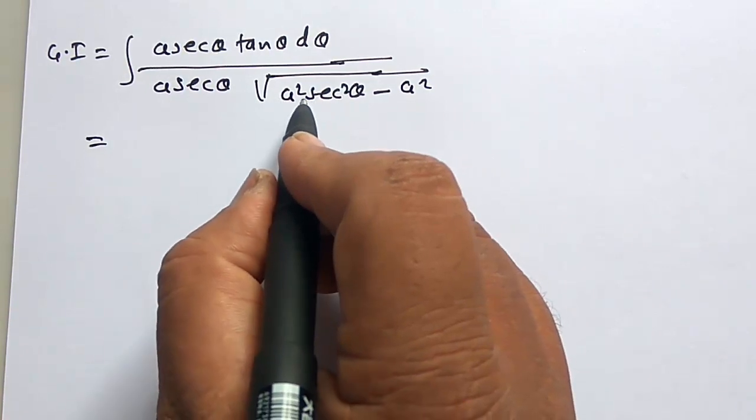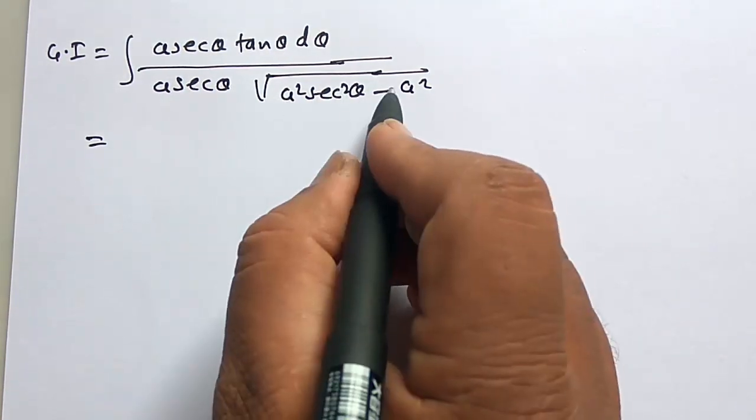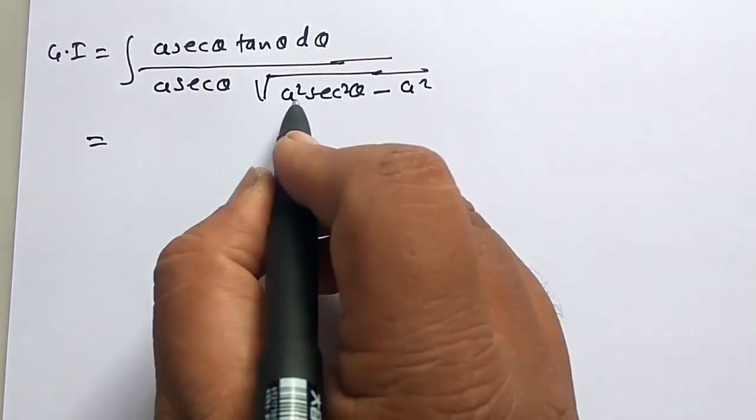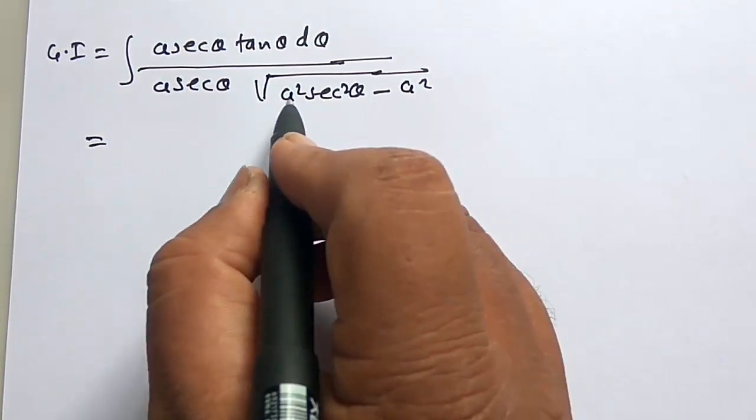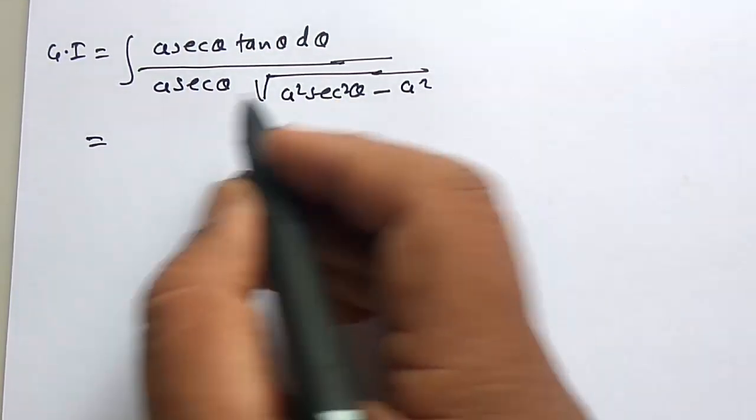is equal to, now taking a square common from these two terms and taking out of the square root, it is a.